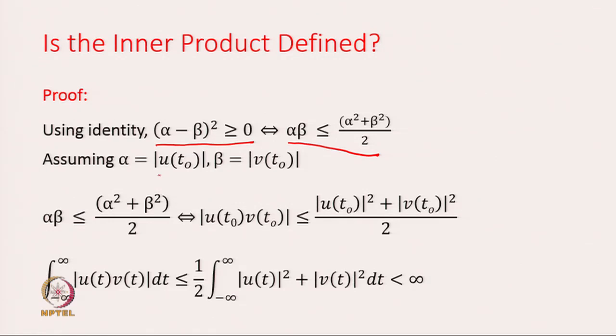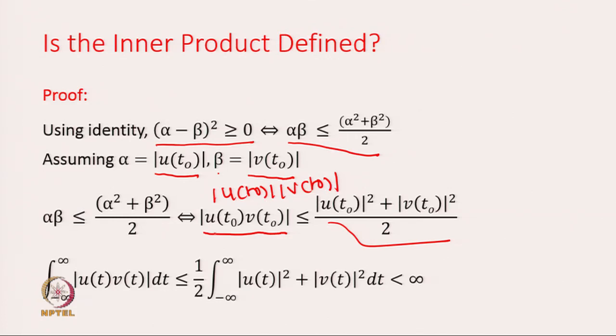Now, if I assume that alpha is mod of u t naught and beta is mod of v t naught, what I can say is that mod of u t naught times mod of v t naught is less than or equal to this quantity, and mod of u t naught times mod of v t naught is nothing but mod of u t naught times v t naught.